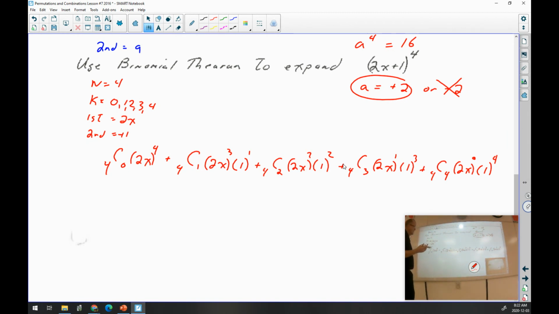So now we're not done. We have to tidy this up. We've got to make it look like an expansion.